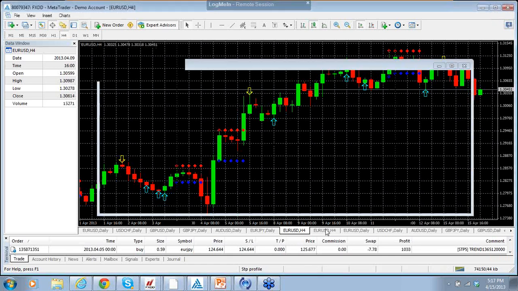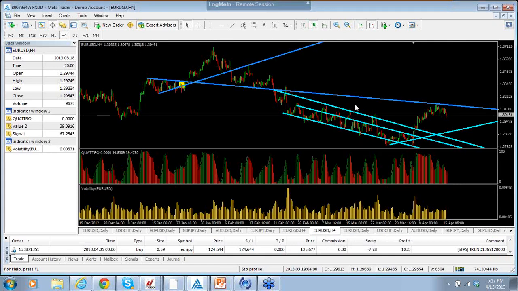Let's take a look at our FxEdge Quattro. I'm running through this quickly. Our FxEdge Quattro is really good for us because it gives us a very good understanding of what the market is doing. You can see here that we have this area of support and resistance, this resistance point above, and it really comes from a trend line, from a pennant, a flag that we had way back then.